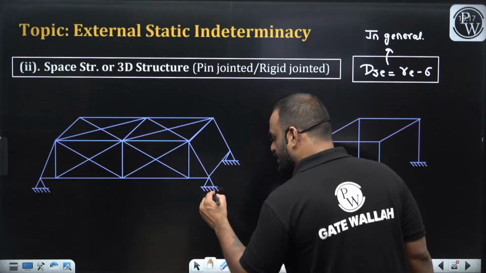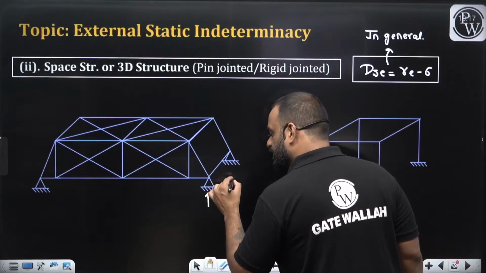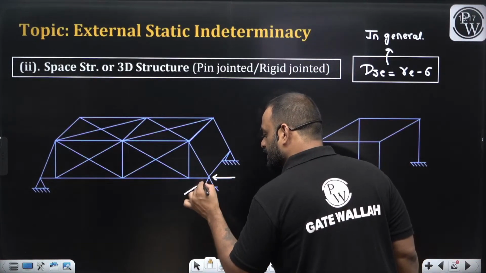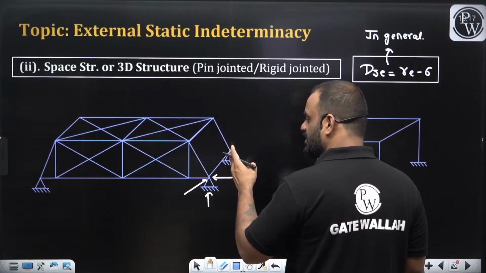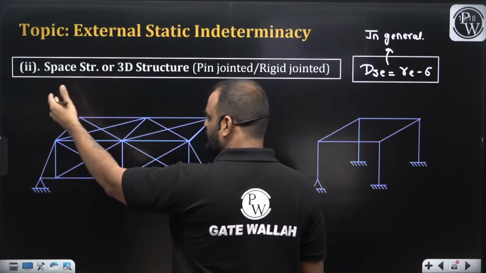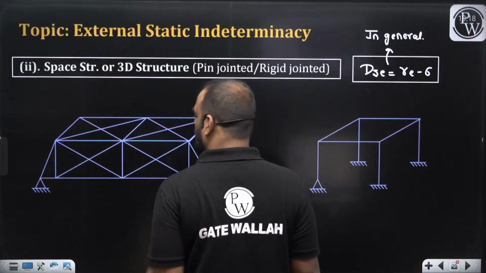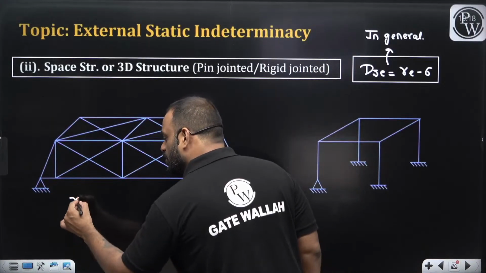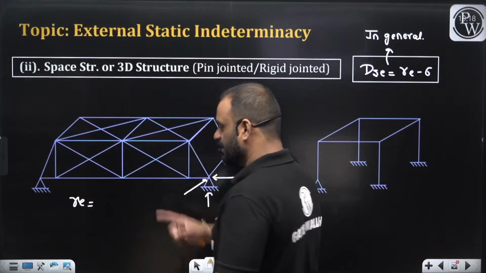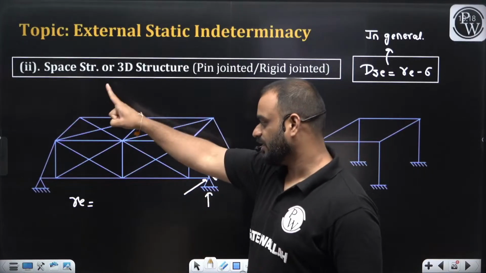Let me show you that. Fy, Fx, and Fz. Similarly, this support will have the same reactions, this support will have the same reactions, and the support which is available beyond this one also has the same reactions. So guys, can I write down the value of RE in this case? 3, 3, 3, and 3. Total is 12.